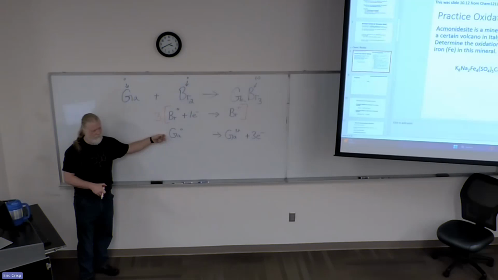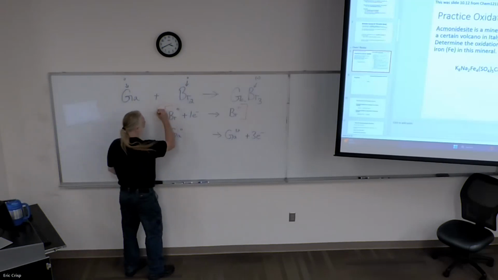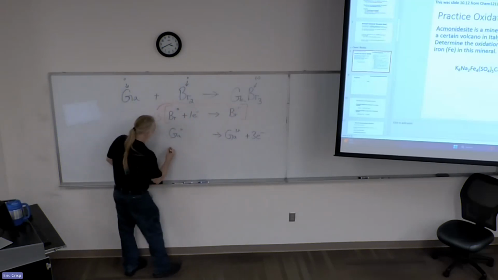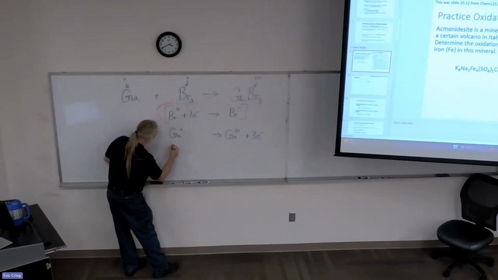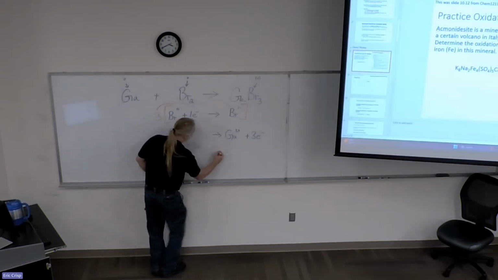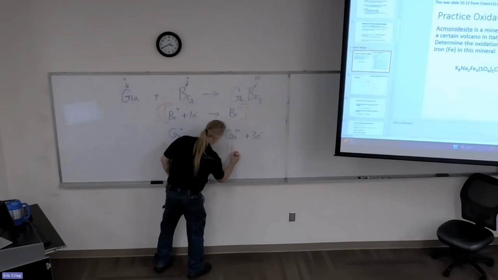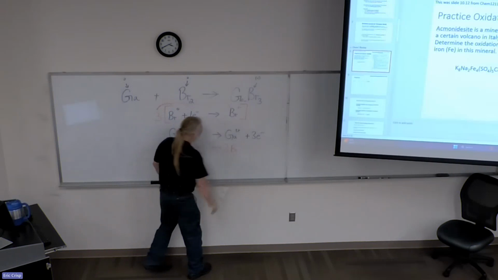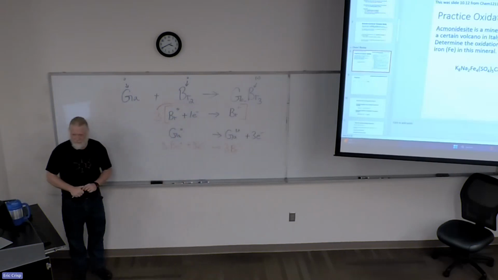Make sense so far? Distribute. So I've got 3 PR zeros, and I've got 3 electrons, and I've got 3 PR ones. Yes? Do my electrons cancel out?